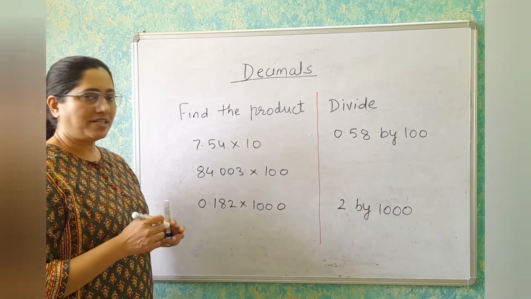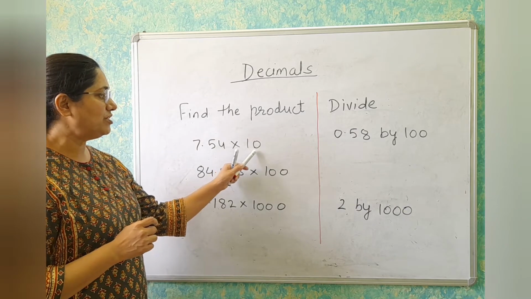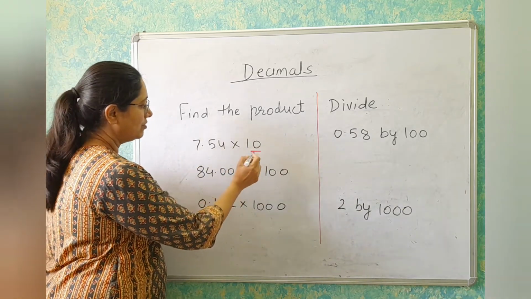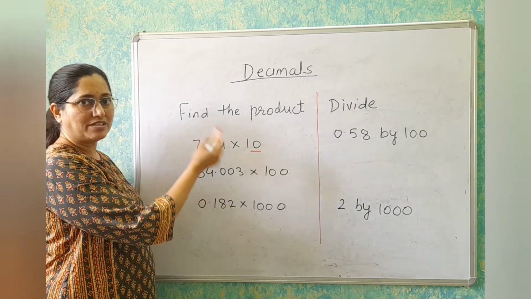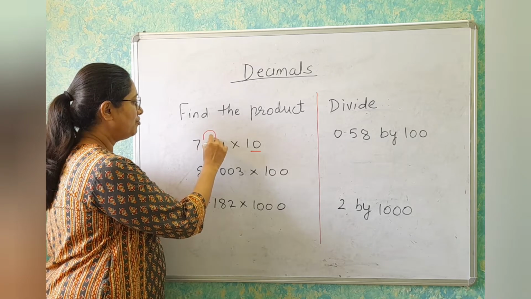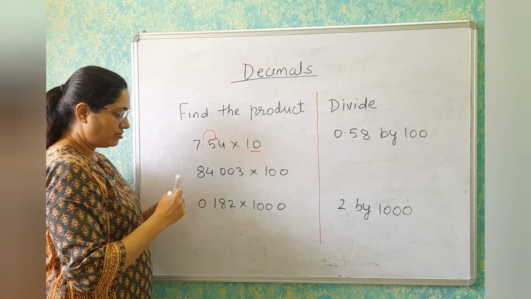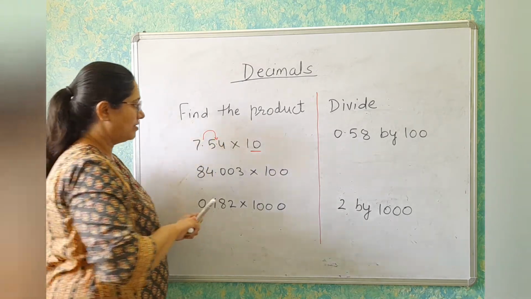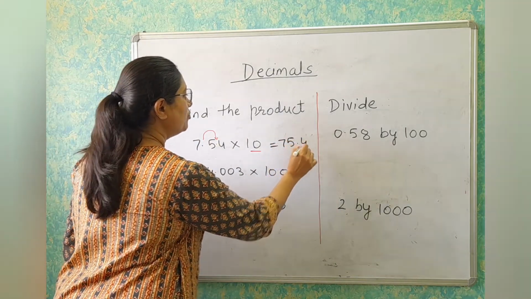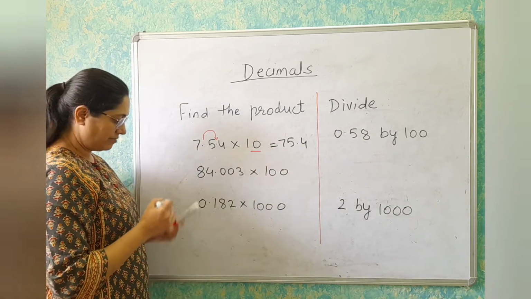And by how many places? We have to count the number of zeros in this number. This number has just 1 zero. So I will have to shift the decimal point one place only. So the decimal point will be shifted to this place, and so the answer will become 75.4. This is the answer.